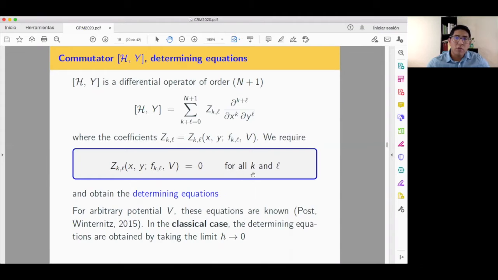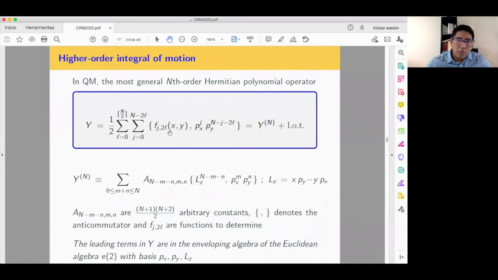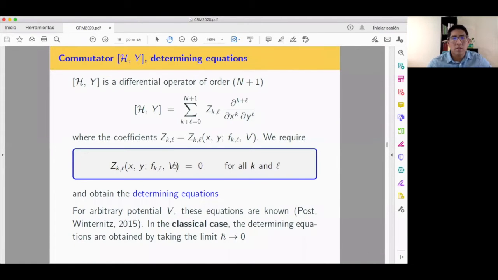So for any value of k and l, this capital Z should be 0. And the coefficients, of course, depend on X and Y, on the coefficients F_{jl} here, as well as on the potential. That's why they are called determining equations. They will fix not only the potential, but also the corresponding integral of motion.